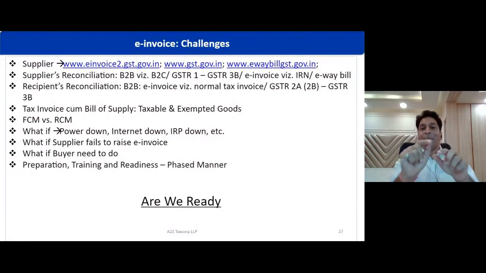Then tell me, I'm asking all of you in the chat box, will the supplier continue to follow the provision of e-invoicing, or, being the recipient under the reverse charge method, do you need to follow generation of e-invoice? So write supplier or recipient in the chat box. I'm seeing your chat box. Tell me in the chat box, supplier or recipient.